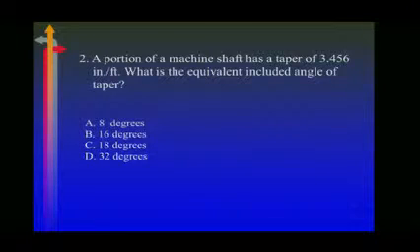Okay, gentlemen, very important. Let's see if you can calculate this. Some questions made up this one. You don't find 3.456, but I'm trying to see what you can do. A portion of machine shaft has a taper of 3.456 inches per foot.